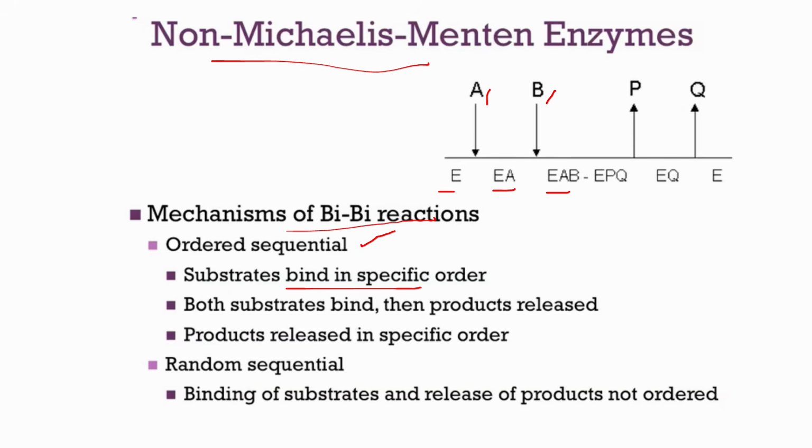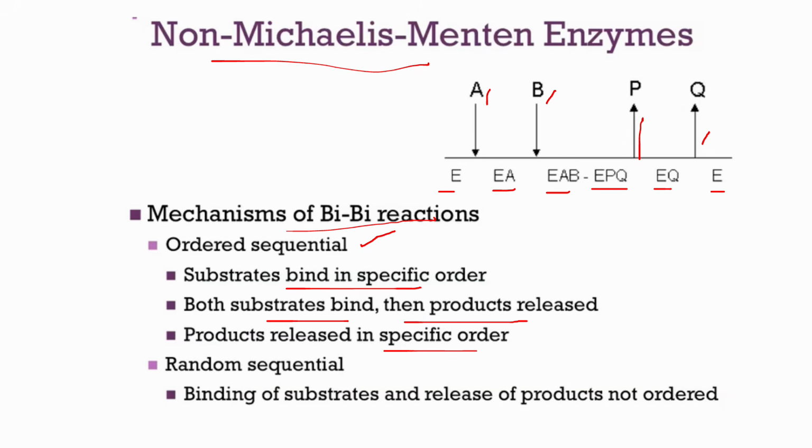Then with both substrates bound, the products are released in a specific order. Here the complex is EPQ, then P is released, then Q is released, and then the enzyme is free. This is the ordered sequential mechanism for both substrates and products.